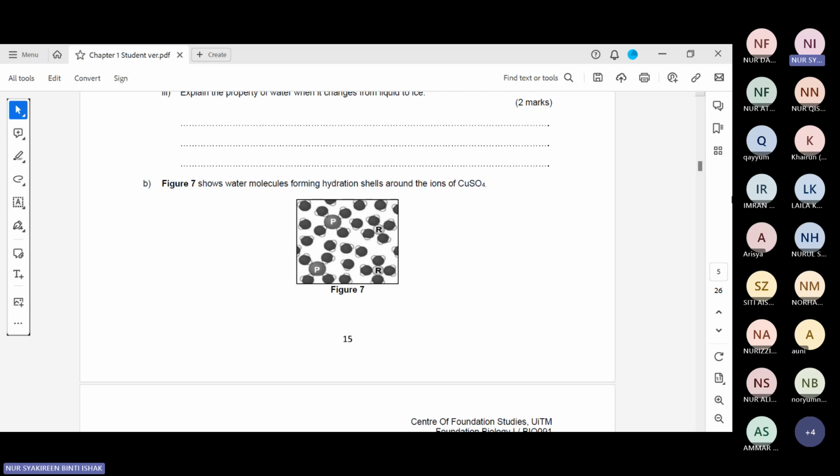Okay, so while waiting, if you look at this diagram, figure 7 shows water molecules forming hydration shells around ions of copper 2 sulfate. So basically copper, Cu copper kan.